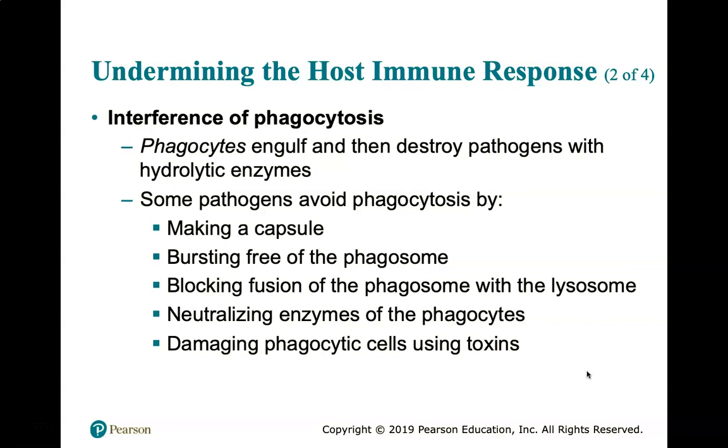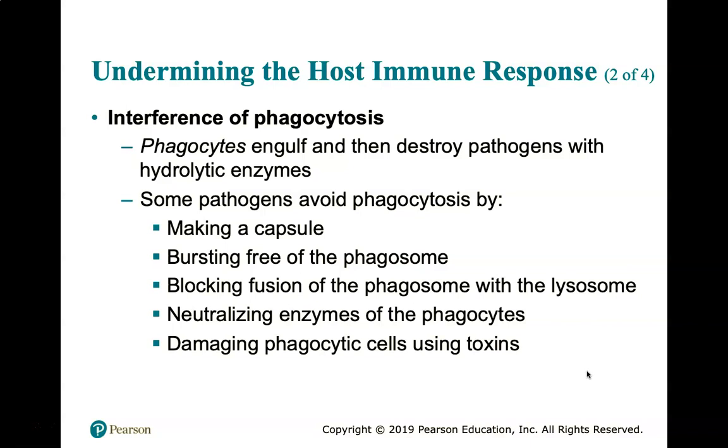There are some pathogens that don't care if they get phagocytosed and they get put into either a phagosome or a phagolysosome. What they do is they just neutralize the enzymes and they continue to grow. We'll talk about pathogens in the GI system that can do this. For instance, Shigella and Salmonella can neutralize these enzymes.